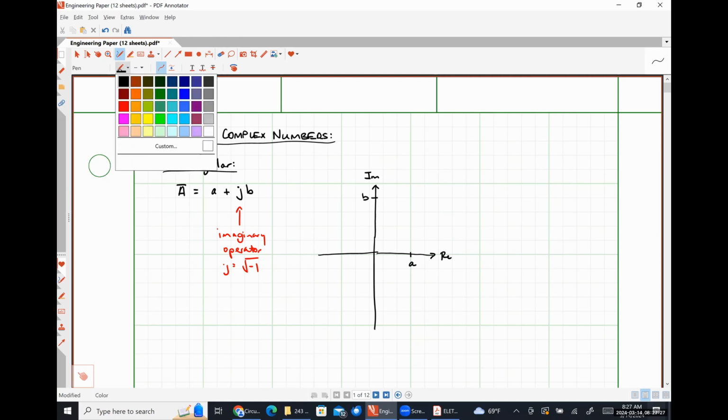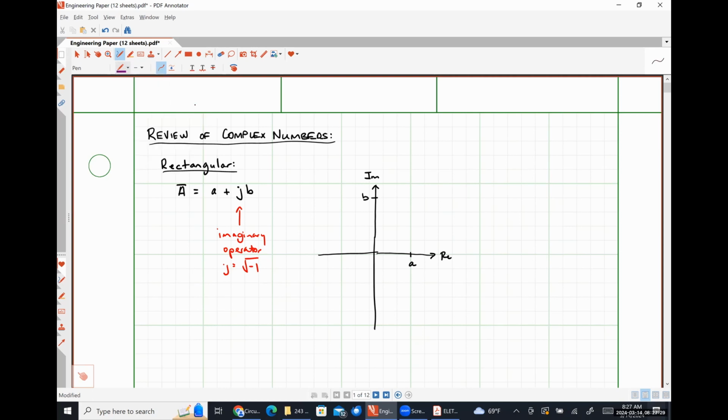So we might have something like this, where the projection onto the real axis is lowercase a, and the projection onto the imaginary axis is lowercase b.